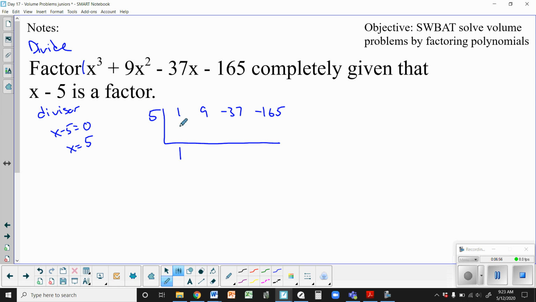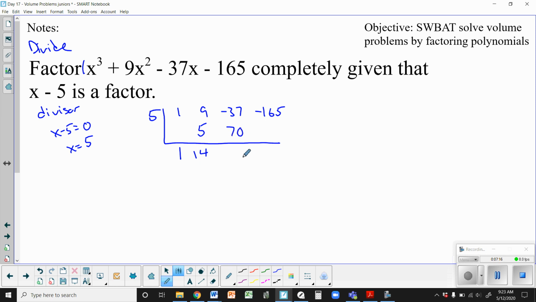So we bring down our 1, 5 times 1. Remember, it's add, multiply. Add, multiply. Is that 60? 50, 60 is 12, so it'd be 70.